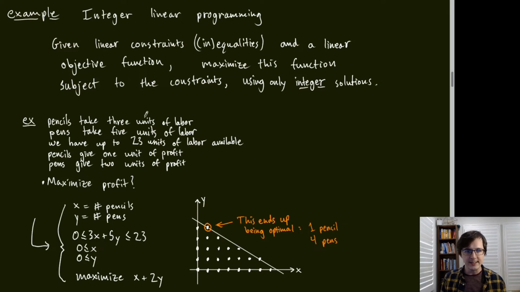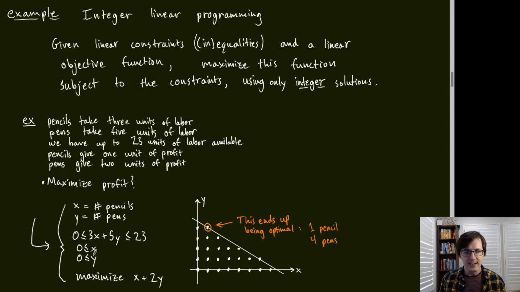Translating this into equations, let's say that x is the number of pencils and y is the number of pens. First of all, 3x plus 5y is the total amount of labor it takes to make x pencils and y pens. That has to be greater than or equal to 0 because there's no negative labor, and also at most 23 because that's how much we have available.